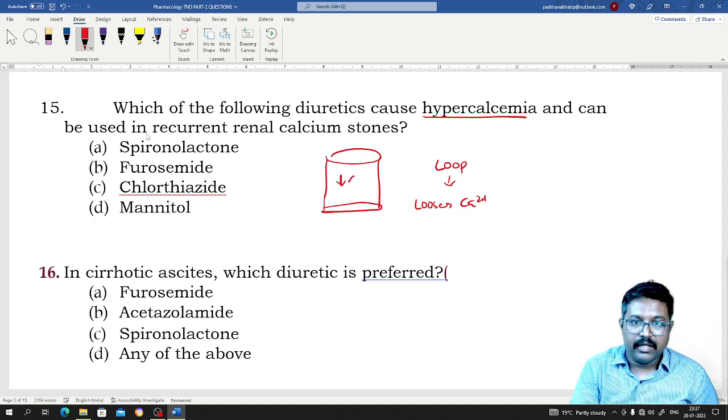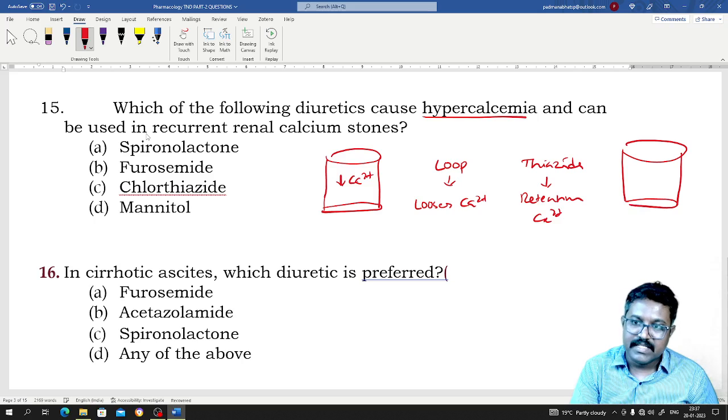There will be hypocalcemia. If you are giving a thiazide group of drugs, what will happen to the calcium? There will be retention of the calcium. Calcium is retained. So what happens to the blood levels here with respect to thiazides? There will be increase in the calcium levels. So here it is matching.